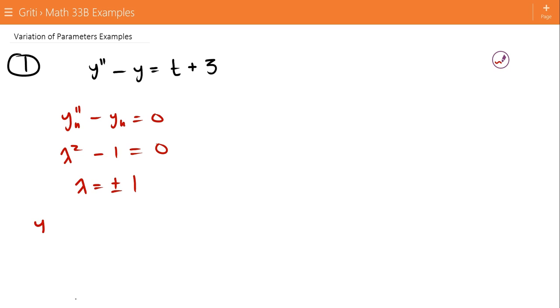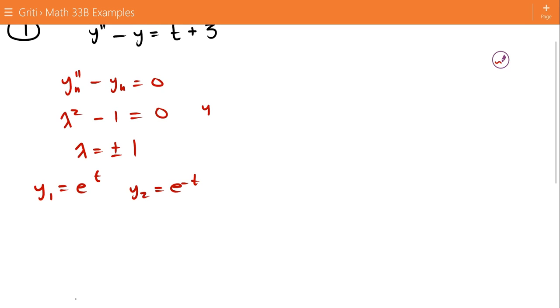That gives us two fundamental solutions. y1 equals e to the t, and y2 equals e to the negative t. So this gives us a y_h of c1 e to the t plus c2 e to the negative t.